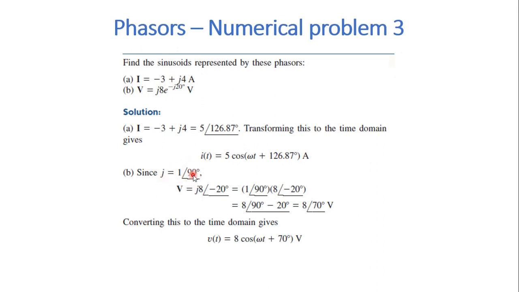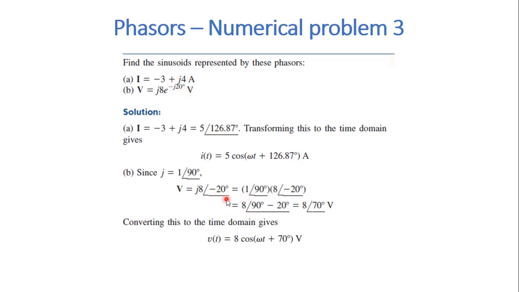Now the phasor representation V = j8, and here it is given as e^(-j20 degrees). So e^(-j20) can be written as cos(-20) + j sin(-20). If you substitute, you will get magnitude 8 and angle -20 degrees. From that you can write the angle as -20 degrees directly also.